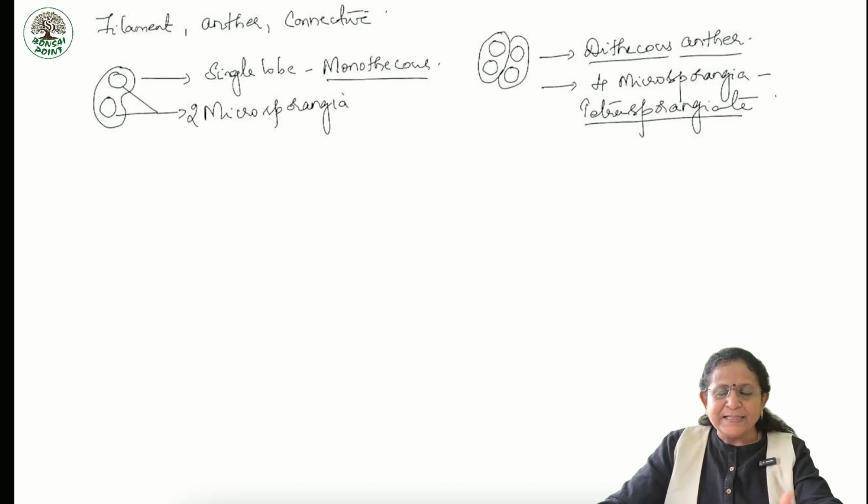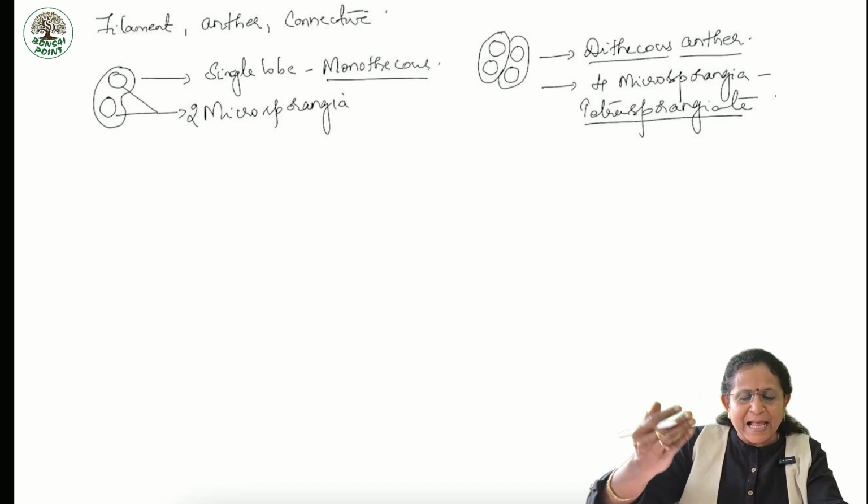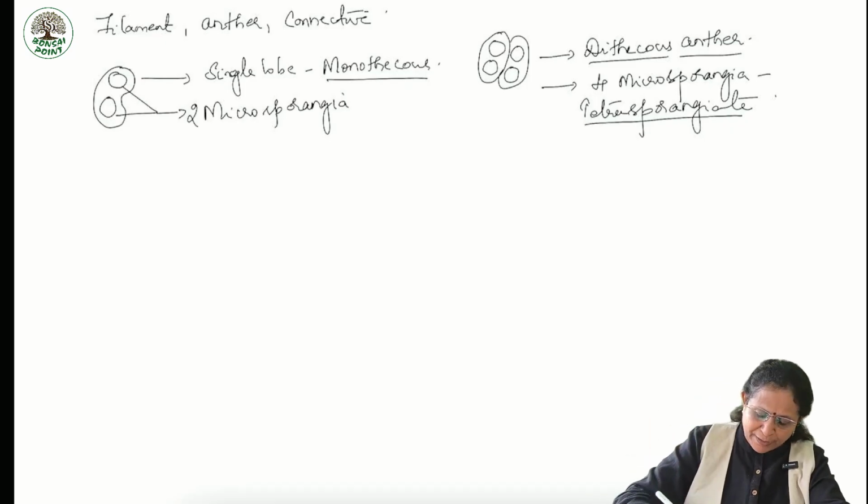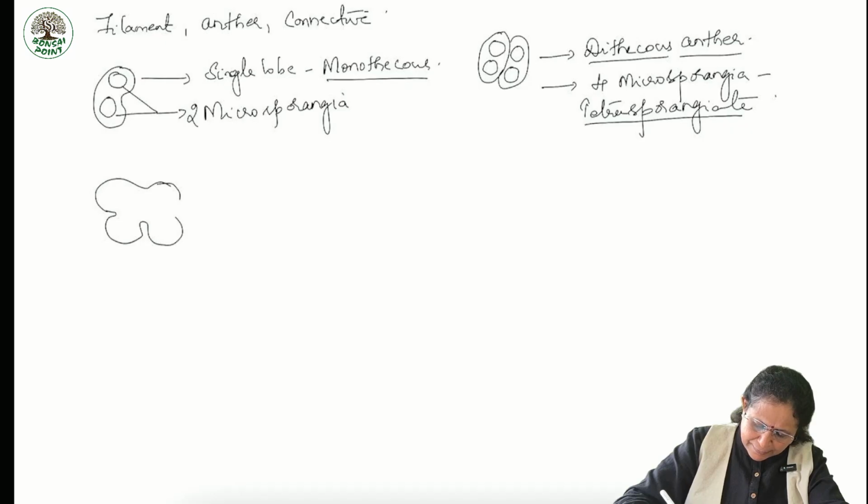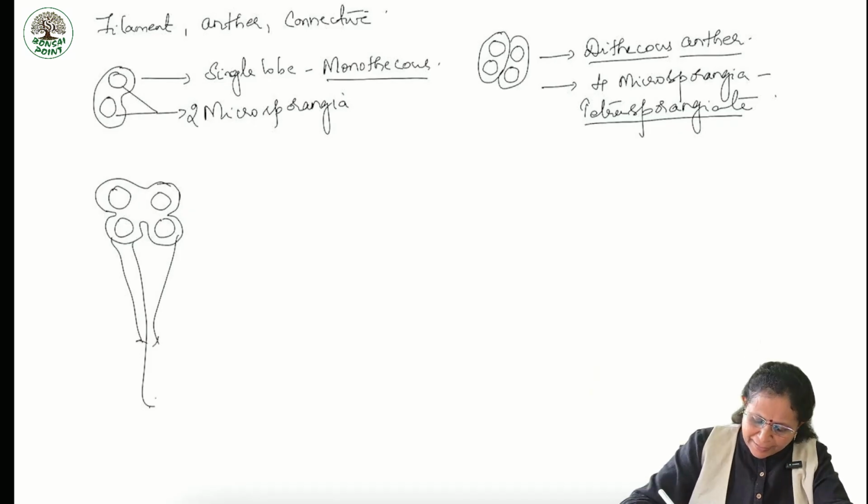What does the LS of anther show? It is a slanting LS that we show here. See, it appears like this. And we find the microsporangia. Okay.